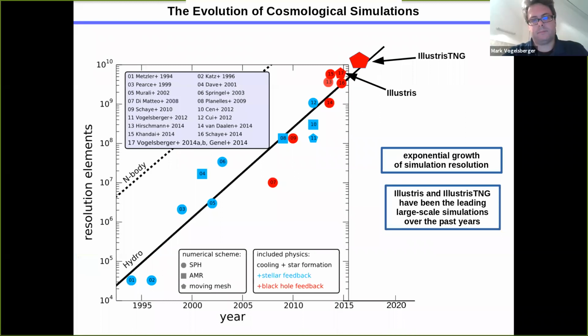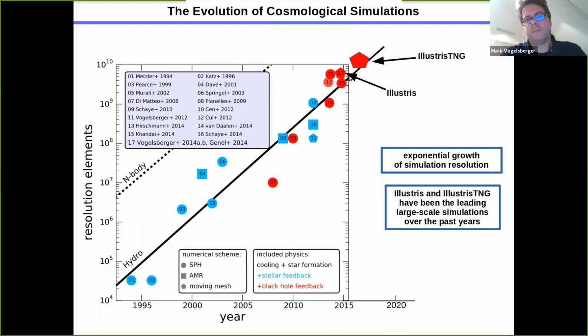Good. And just as a last thing here, of course, the numerical resolution also plays a huge role. It's quite interesting if you look at hydrodynamical simulations and also N-body simulations and plot the number of resolution elements as a function of time. You can quite nicely fit this with an exponential, with a doubling timescale that's slightly shorter than what Moore's law predicts, because a lot of algorithmic improvements have also been put into these codes.